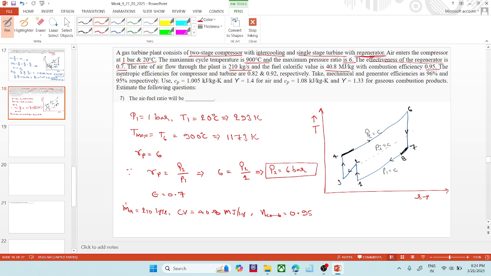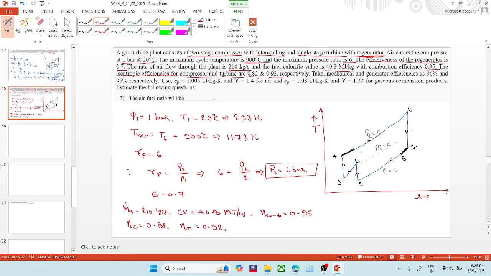Next, the isentropic efficiencies for the compressor and turbine are 0.82 and 0.92 respectively. Eta of compressor is 0.82 and eta of turbine is 0.92.